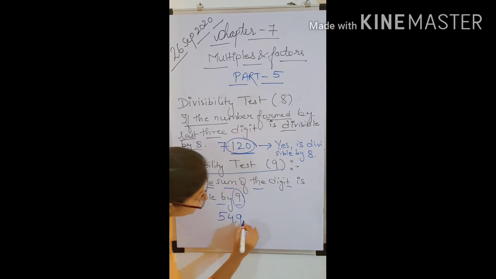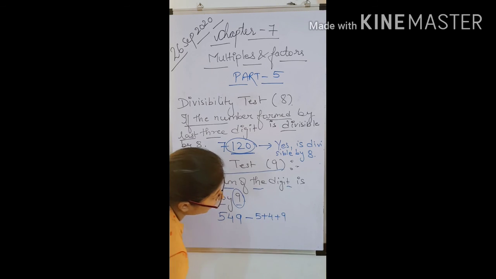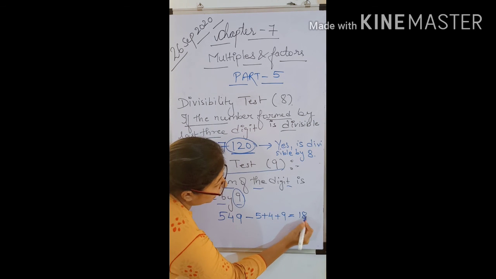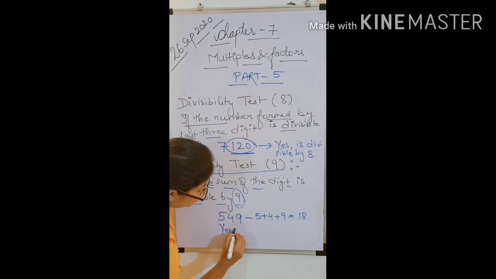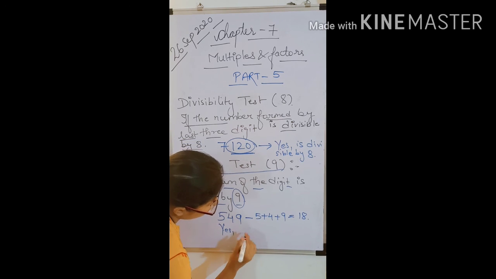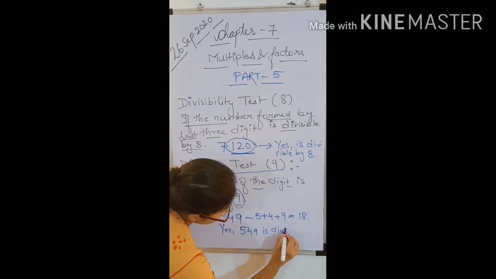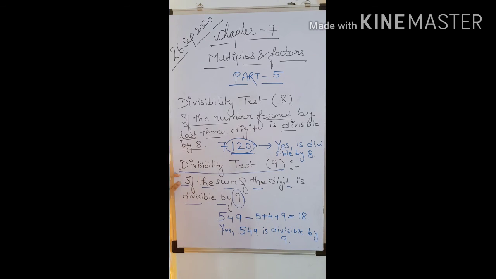If I add 5 plus 4 plus 9, 5 plus 4 is 9, 9 plus 9 is 18. And we know very well 9 twos are 18. Therefore the number 549 is divisible by 9.